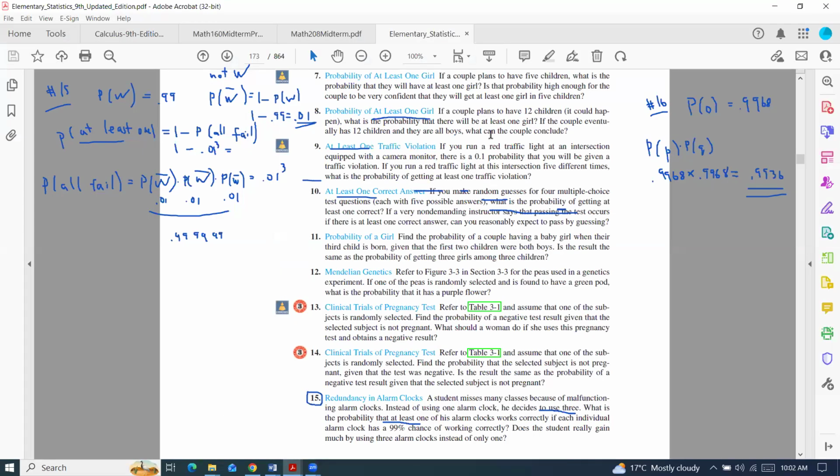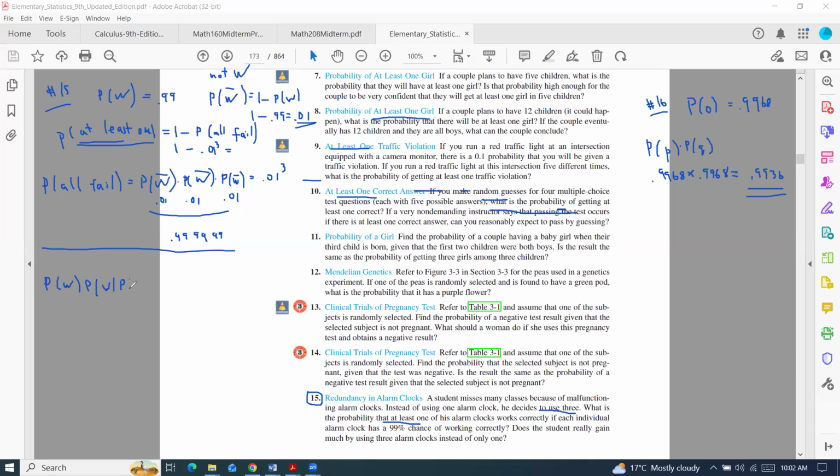So anyways, some people might say, Alex, I would approach doing this problem differently. So they want at least one to work. So I could just say the probability that one works and the other works and the other works.